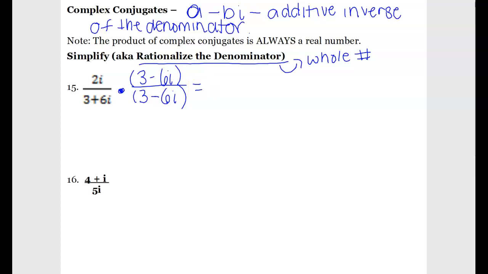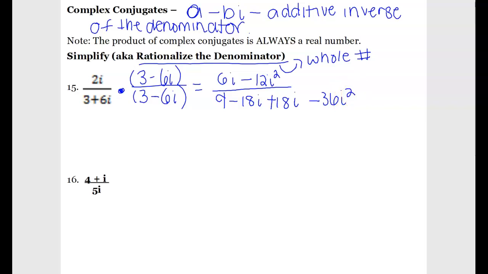So 2i times 3 is 6i. 2i times 6i is negative 12i squared over 3 times 3, which is 9, negative 18i, positive 18i, minus 36i squared.